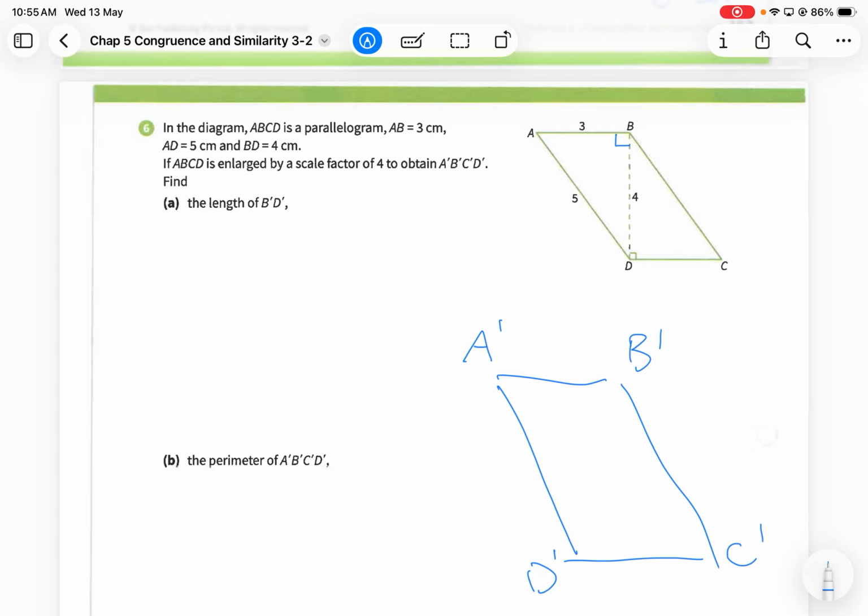So every corresponding side all expands by 4. 3 becomes 12, 5 becomes 20. Then this 4 over here will become 16. No? Enlarged by 4, so equals 16 cm. Perimeter, parallelogram, opposite sides are the same.